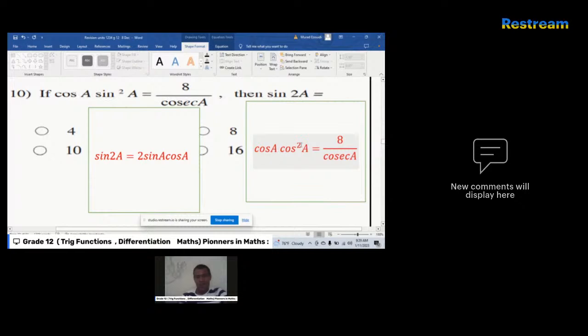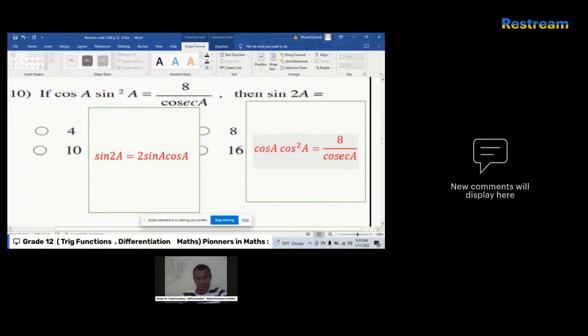I'm going to derive the double angle. First of all, learners, you can see that cosec A is 1 over sine A. Therefore, I will multiply both sides by cosec.